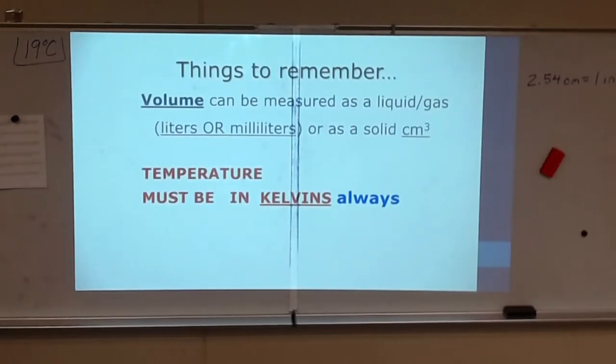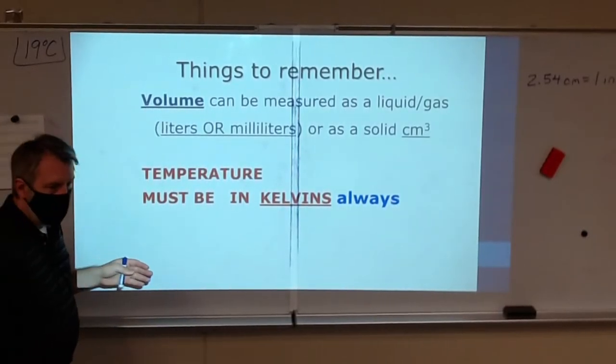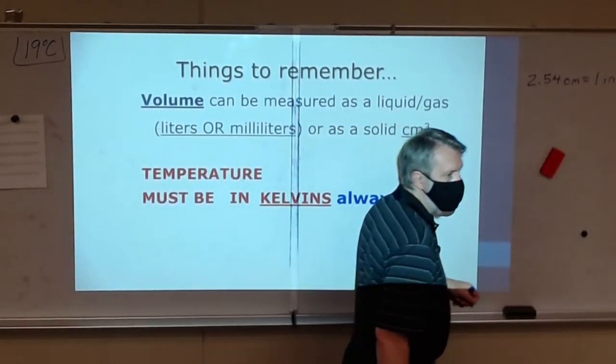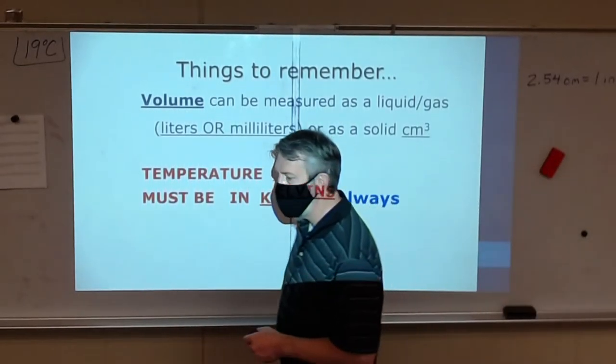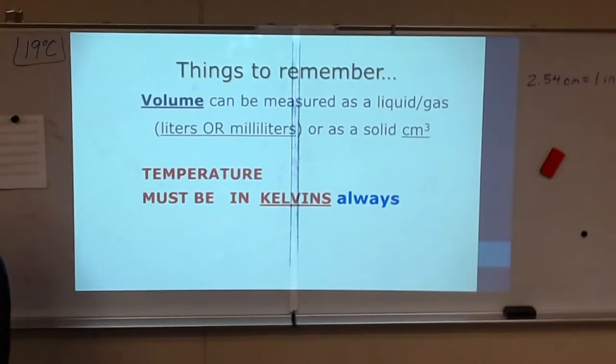All right, here we go. Volume can be measured as a liquid or gas, in liters or milliliters. It could be solid, in centimeters cubed. It doesn't matter as long as the units are the same on both sides. Temperature, however, must always be in Kelvin. Year after year, in AP chemistry and in every chemistry class we teach, we have students that make this mistake.